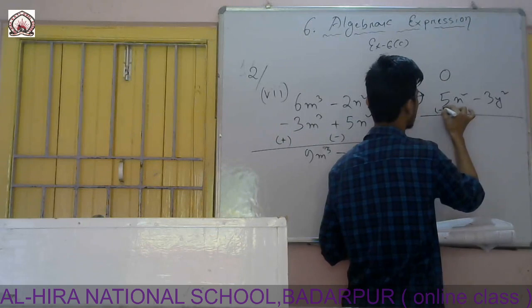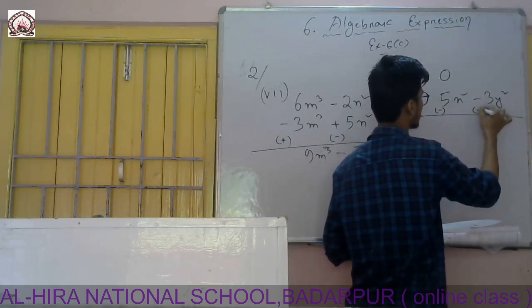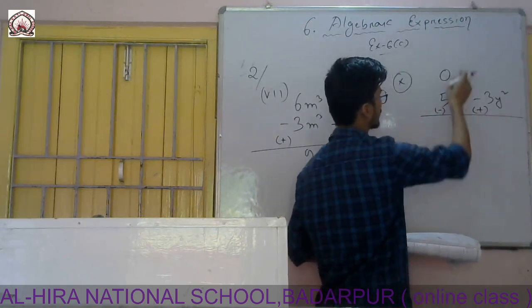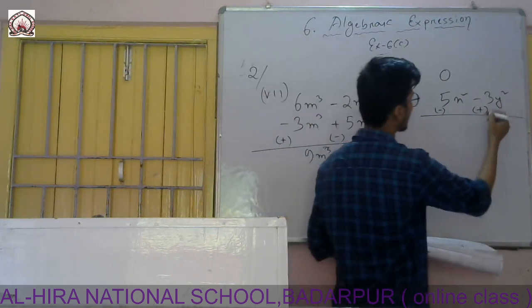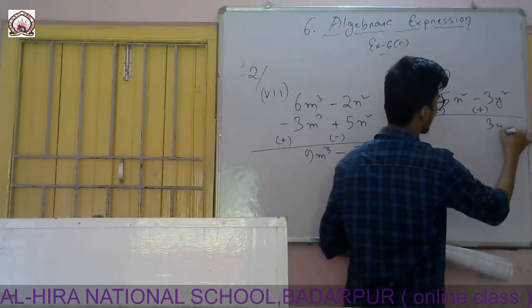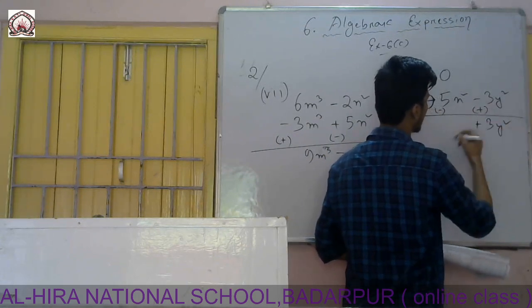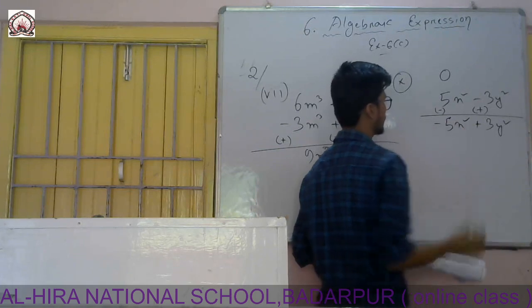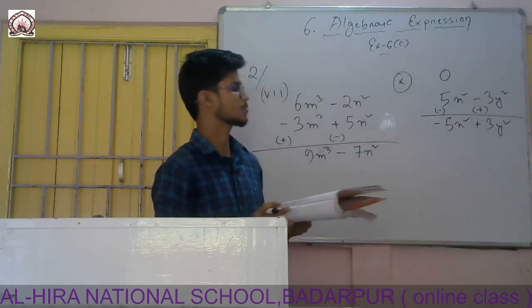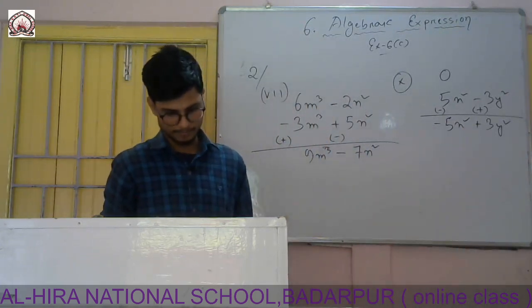So first of all I will change the sign. It is plus, it will be minus. It is minus, it will be plus. So now anything subtracted from 0, the answer is the number itself. So simply I will write 3y square. Sign will be plus now, and there it is 5x square, and sign will be minus. So the answer is minus 5x square plus 3y square.